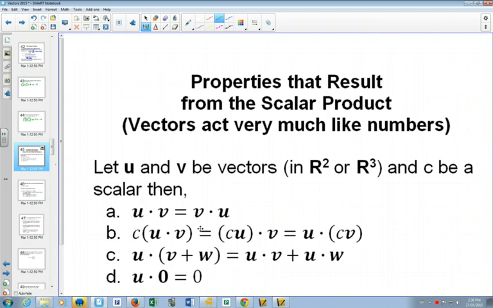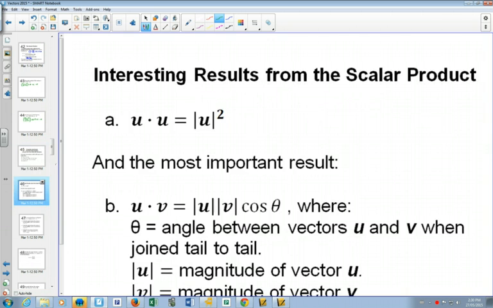Now, these are, I would call, the boring properties. Now we can get to the exciting, interesting results. The dot product of a vector times by itself is the same thing as its length squared. Okay?